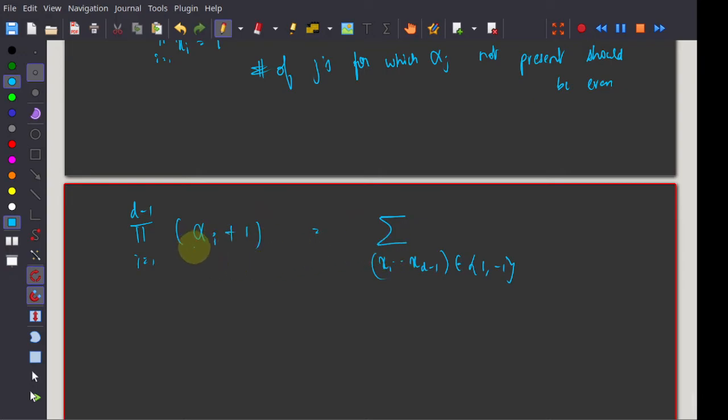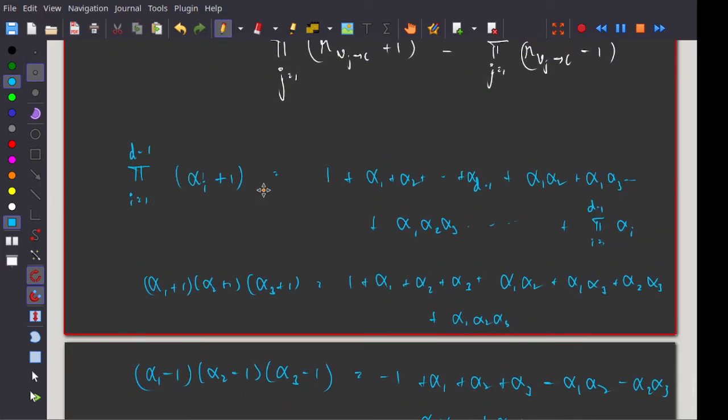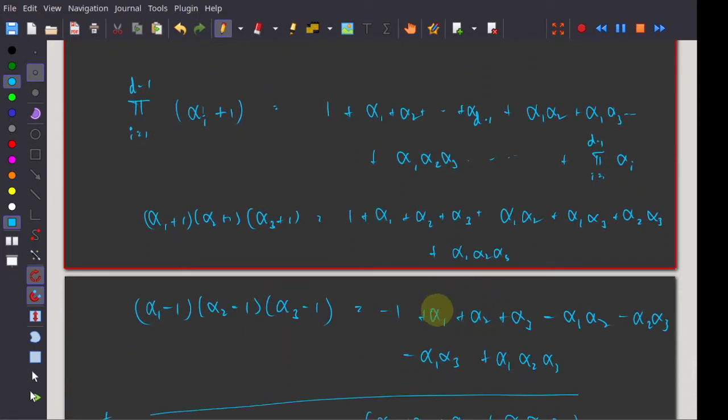So what does each term look like? Each term is a product of alpha i and 1, right? So basically you have alpha 1 plus 1 times alpha 2 plus 1 and so on. Now from each of these terms, you either pick alpha i or you pick 1. So for example, this term was obtained by picking alpha 1, minus 1 and then minus 1. So from each of these, you have to pick one of these two terms.